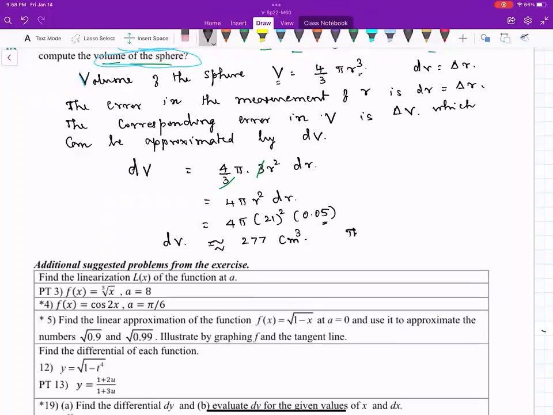So the maximum error in the volume is approximately 277 centimeter cube.